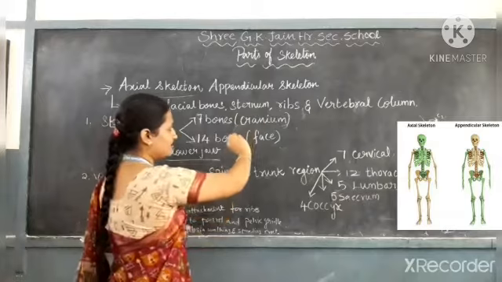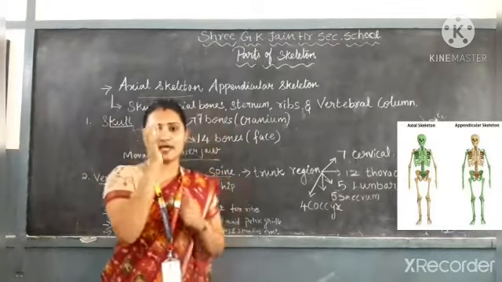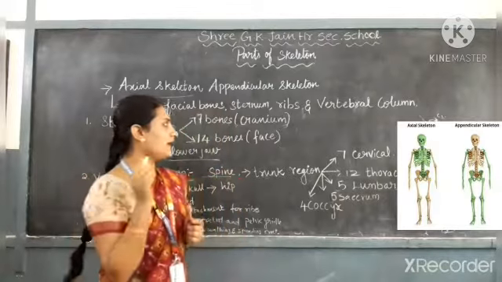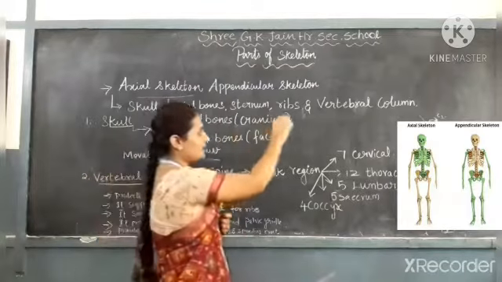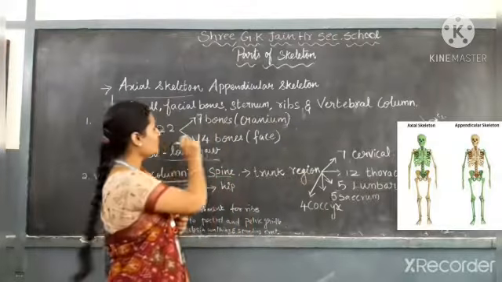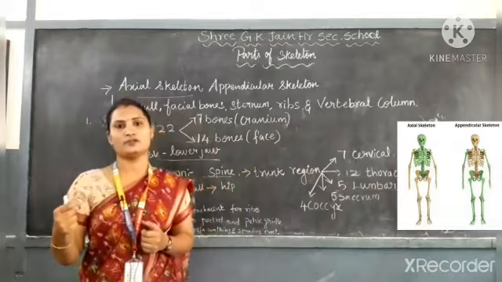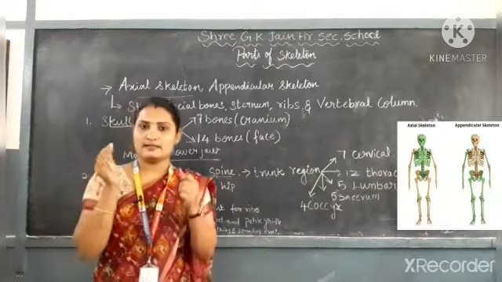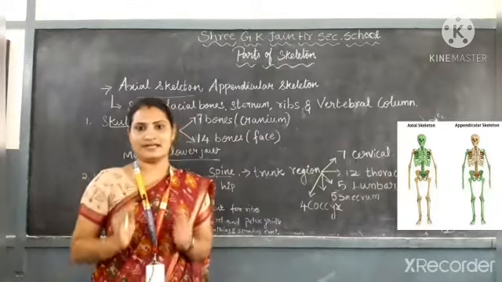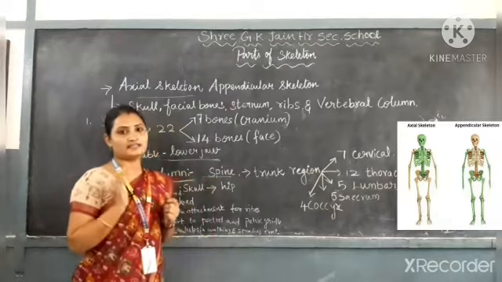Ribs are the individual bones which make up the rib cage in the chest region, and the vertebral column is the backbone of the human body. All those parts lie in the central part of the human body, so these make up the axial skeleton.